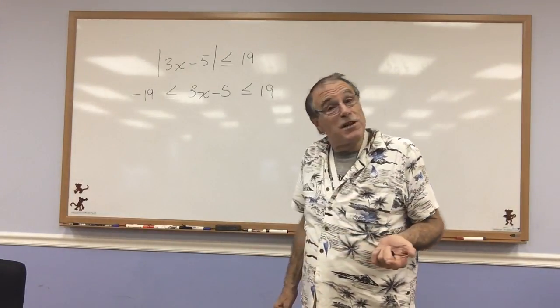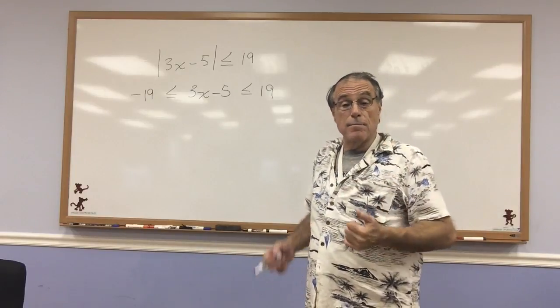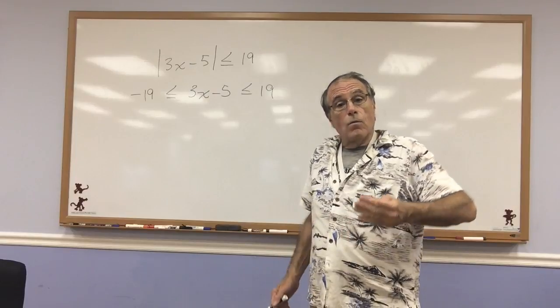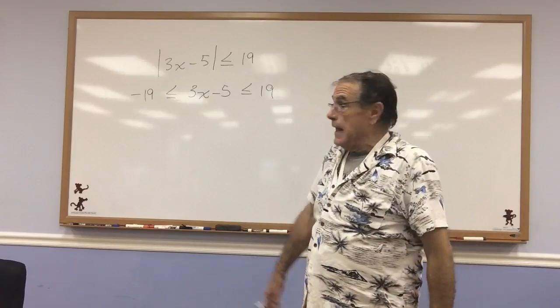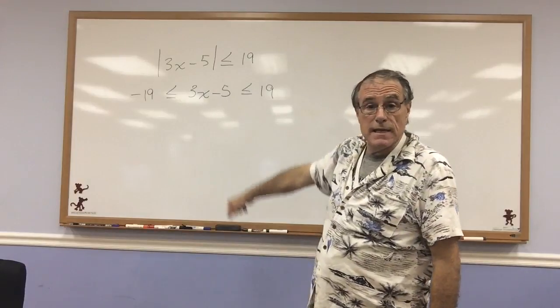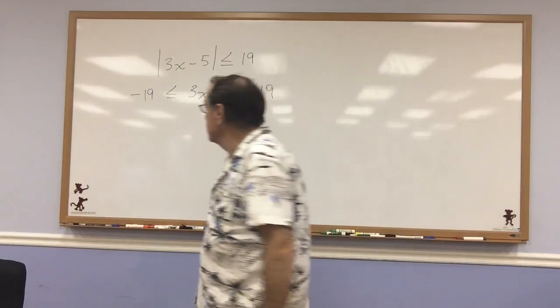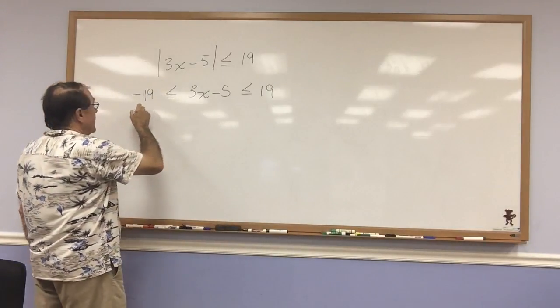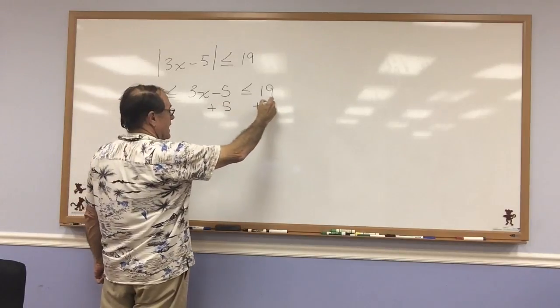Now all I have to do is solve for x, and remember, in solving a three-part inequality, whatever I do to one part, I do to all three. I want to get that x by itself, so I will first add 5 to each part. We'll add 5, and add 5, and add 5.